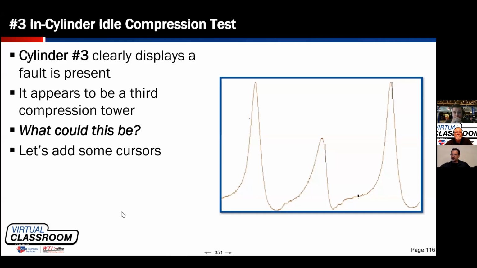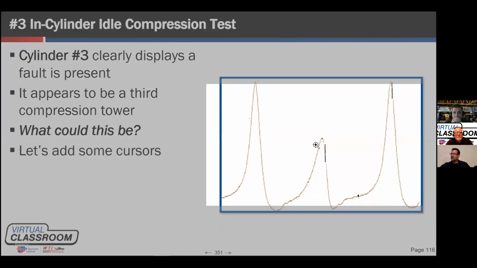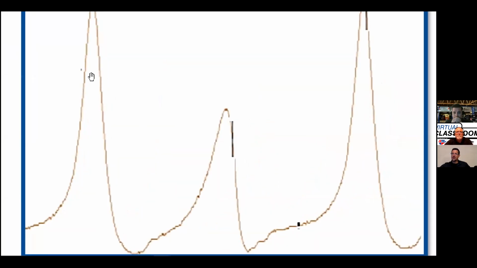Now, if we were to look at this right here, we know this is top dead center compression, and we know this is top dead center compression, which would make this my 360 mark: 0, 720, 360. Right here is where my intake stroke starts.